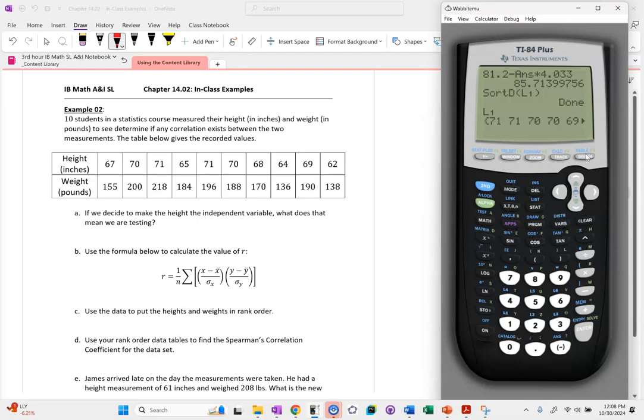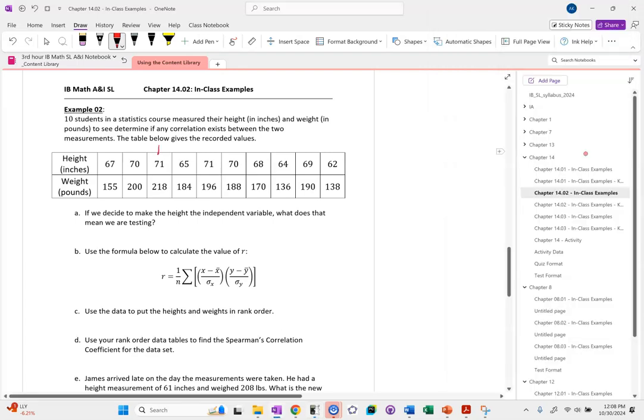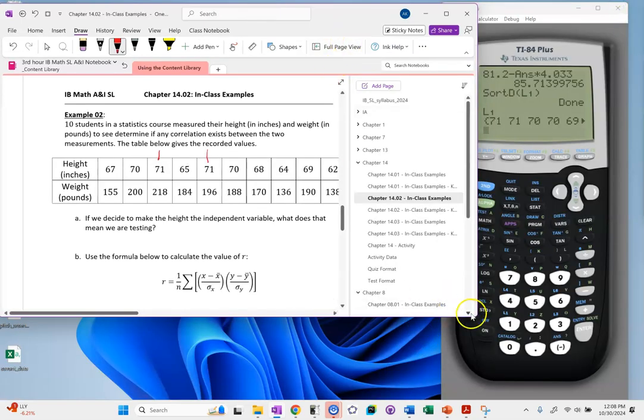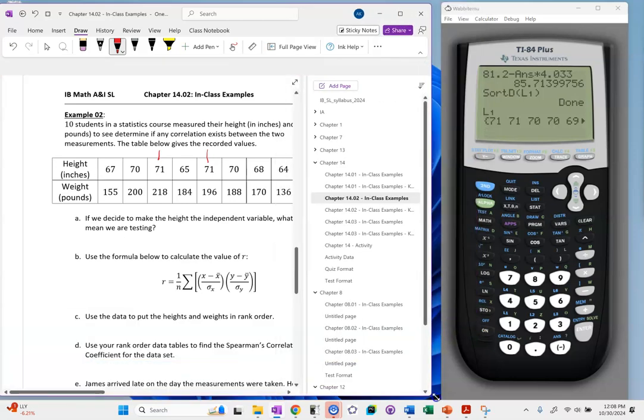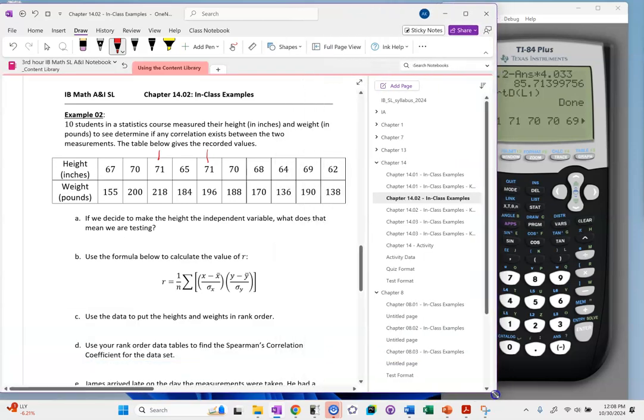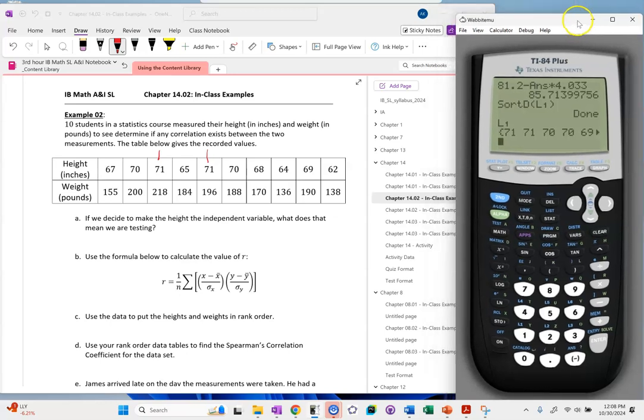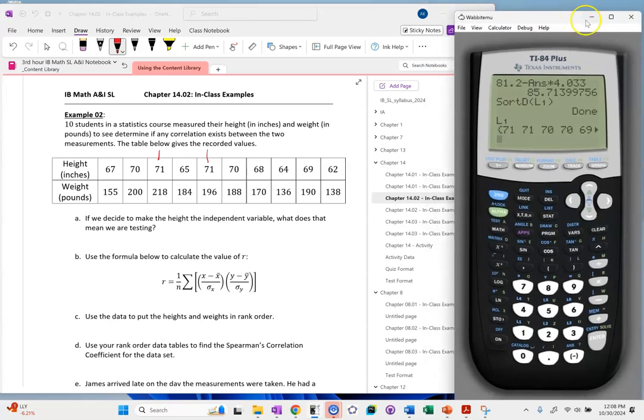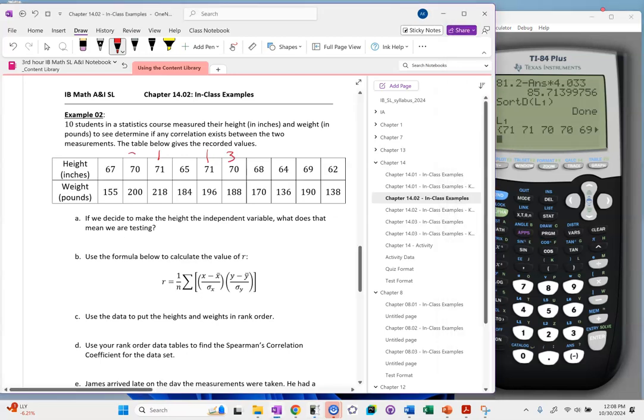If I do sort descending, all it's done is put them in order from biggest to smallest. So 71, there's a tie for first. So those will both be first. And now I've ranked two numbers, right? So I need to move now to third place, but there's a tie at third place.